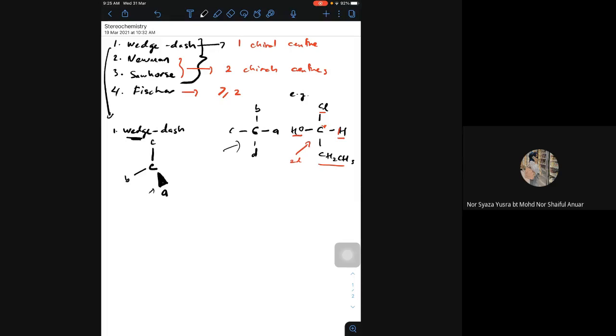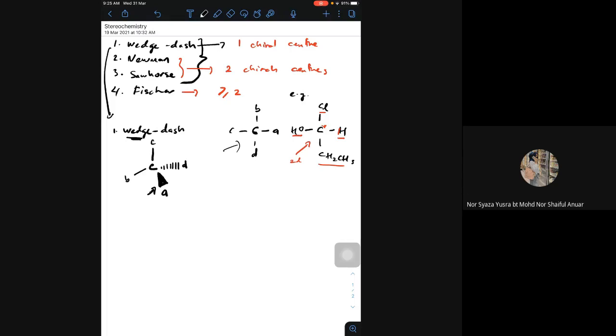This one, the bold, is pointing to the front, coming out towards you. But what we have at the back will be drawn in a dashed wedge shape, something like this. So this is pointing towards the back, away from the viewer, away from you. We can place this as maybe group D. So this is just how you draw the wedge dash.